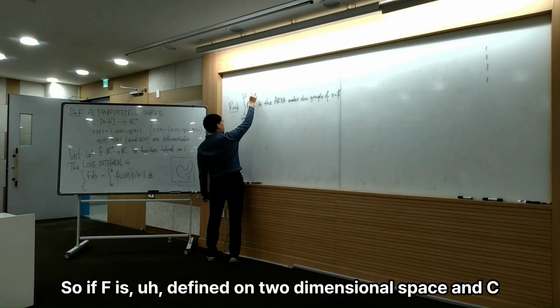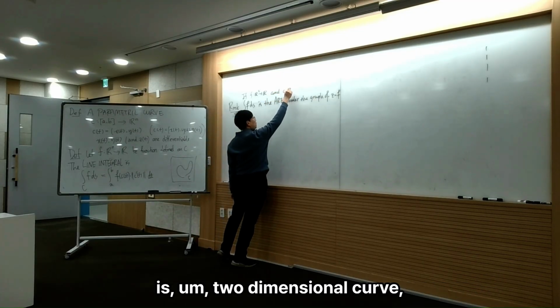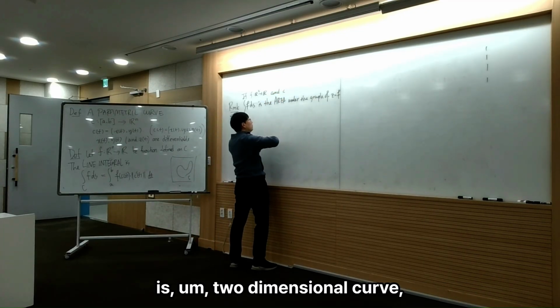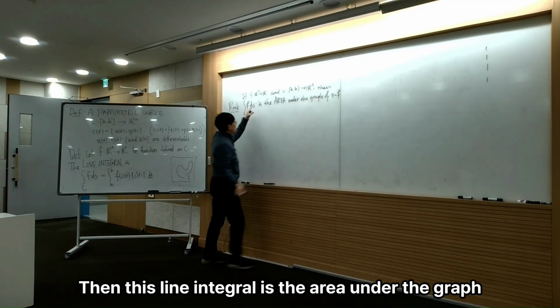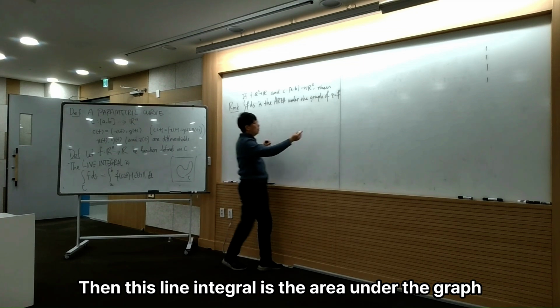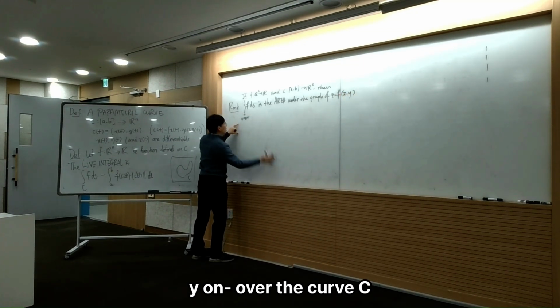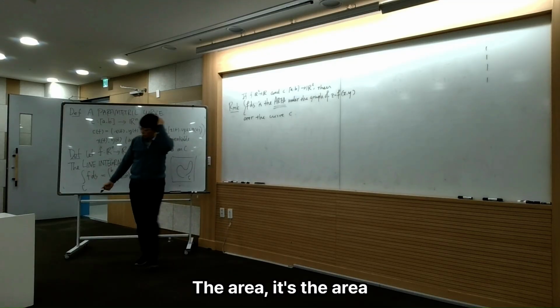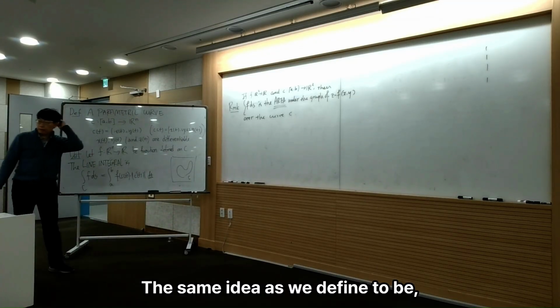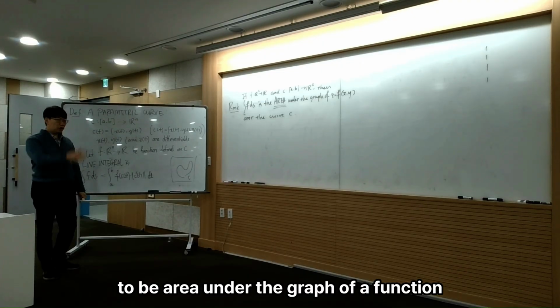If f is defined on two-dimensional space and C is a two-dimensional curve, from [a,b] to R2, then this line integral is the area under the graph of z equals f(x,y) over the curve C. It's the same idea as the definite integral being the area under the graph of a function on the plane.